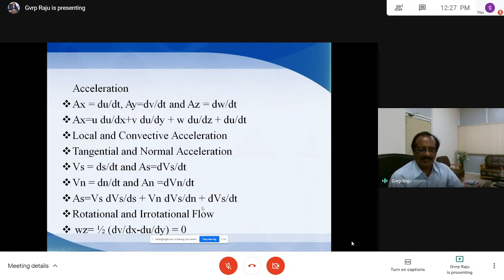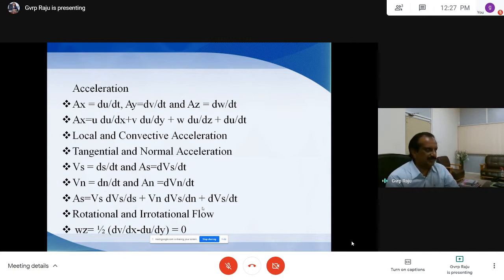And the other topic is rotational and irrotational flow. Earlier I have discussed, if the fluid particles, while moving in the direction, rotate about their mass center, you can say it is a rotational flow, like a fluid in a rotating tank.